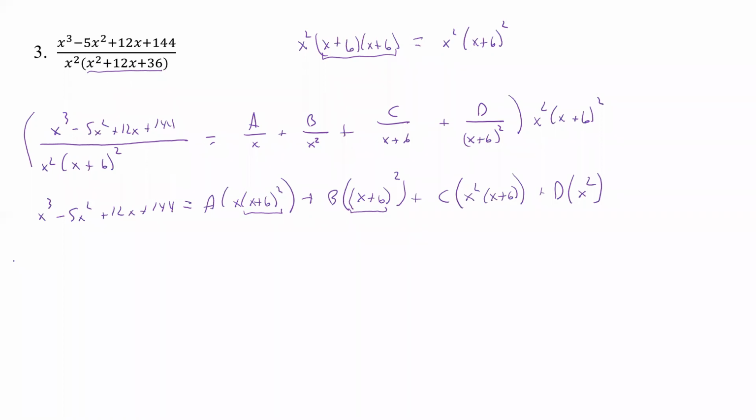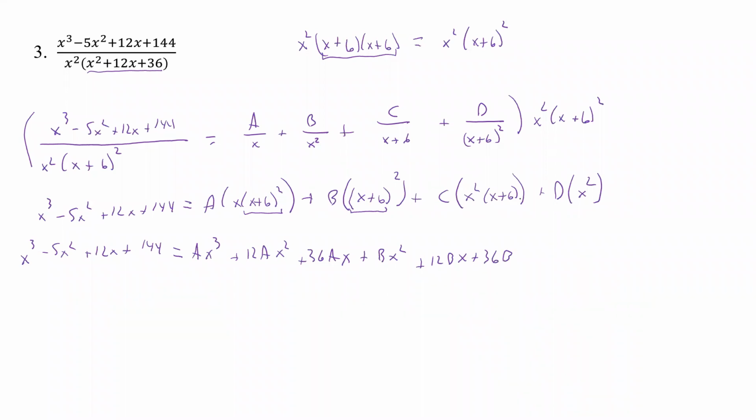So if we keep our left side the same one last time, x cubed minus 5x squared plus 12x plus 144 equals, now ax times what's in here, that's going to give us ax to the third plus 12ax squared plus 36ax. And then we have b times just that. So we have plus bx squared plus 12bx plus 36b.